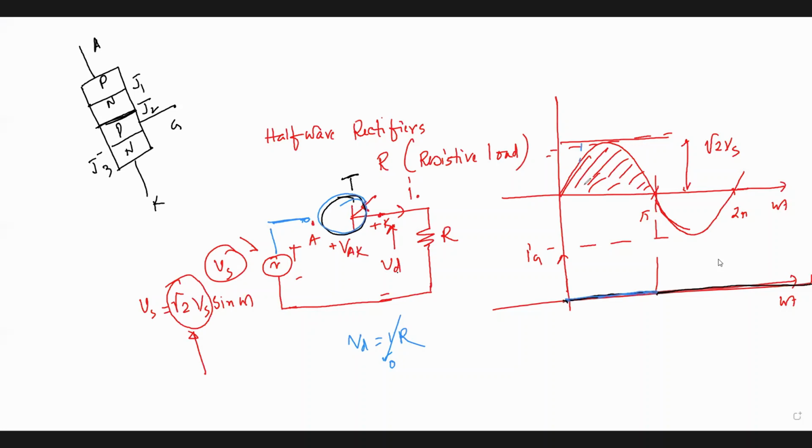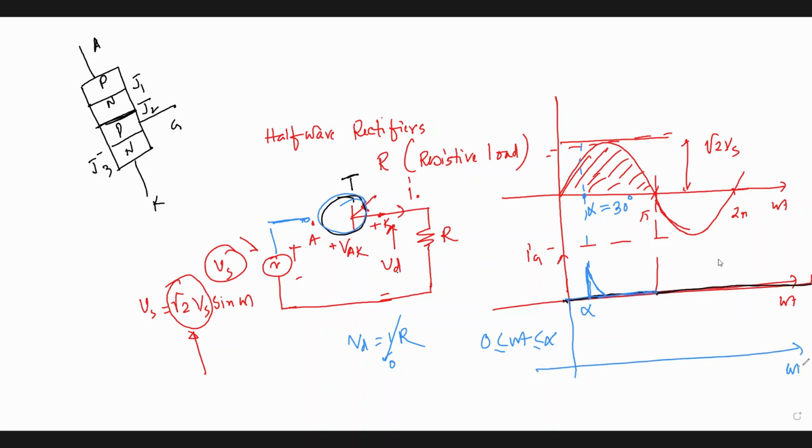Okay, now suppose that omega t equal to, say, alpha. This is the alpha. Alpha could be, say, 30 degree. We have applied a gate pulse here. So in this region, 0 to omega t alpha, what will be the switching position of your thyristor?